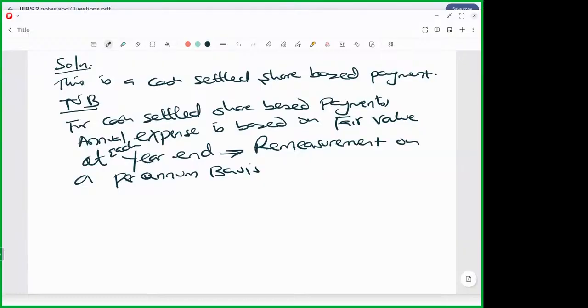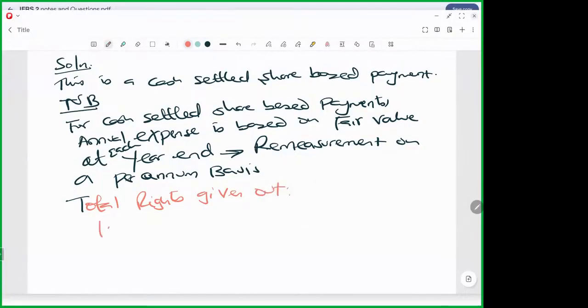Now, ladies and gentlemen, remember, we have to calculate here what we call our total rights given out.